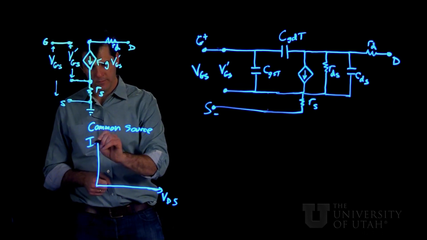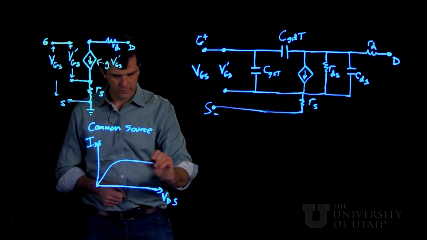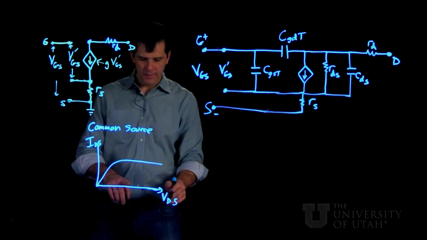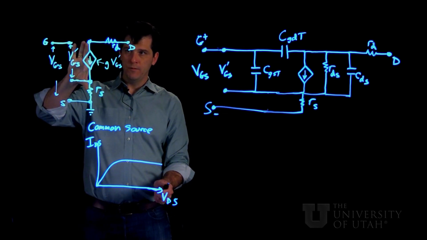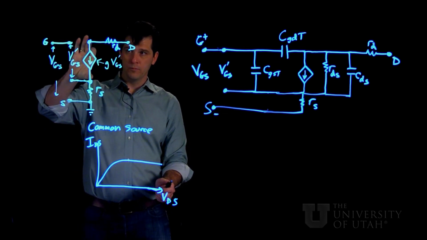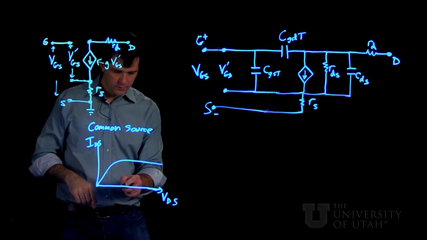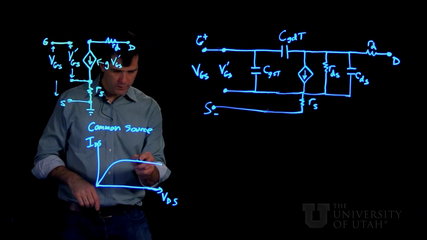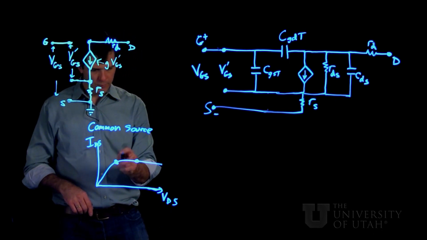So here's our current, and we might have a curve that looks like this. And if we look at this diagram, the portion from here to here is essentially a voltage divider, and so instead of being at, say, this operating point, you're really back at this operating point.